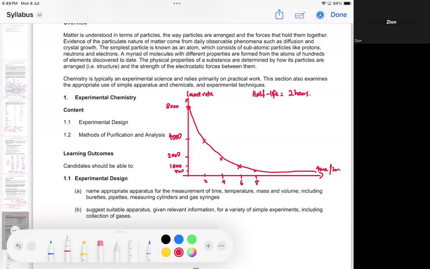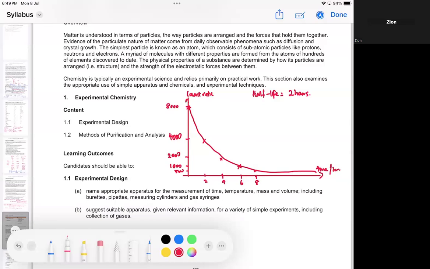Okay, anything you want to check regarding how you look at count rates and half-life? Just to say the end of the graph is not exactly accurate. Yeah, because it doesn't go away totally. It's always divided by two.